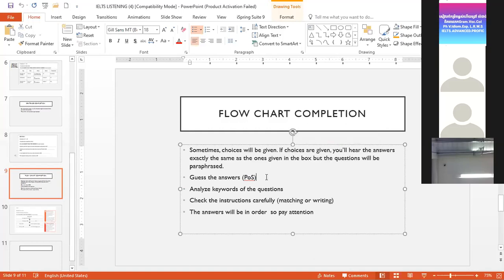If you have to write your own answers, again, like we mentioned from the start, you have to make sure you read instructions carefully to see how many words you can use to complete each blank. You can guess the answer, look for keywords if you have time, and check the instructions carefully if it is matching or writing.